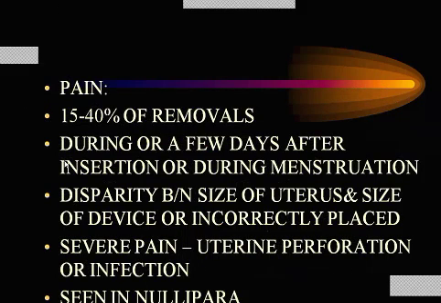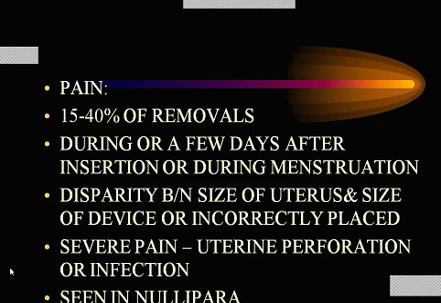The second side effect is pain. About 15 to 40% of the removals are due to pain, during or a few days after insertion or during menstruation. Pain may occur during menstruation or 2 days after insertion. The reason for this pain is disparity between the size of the uterus and the size of the device, or an incorrectly placed device.